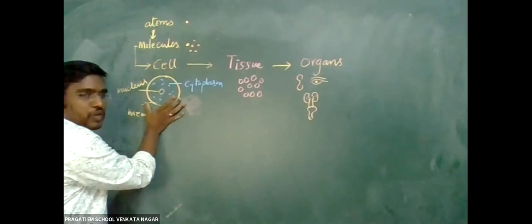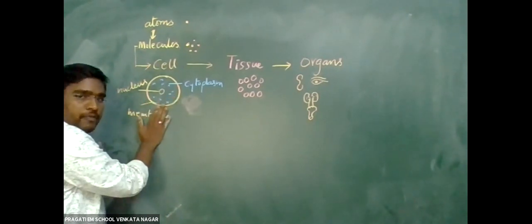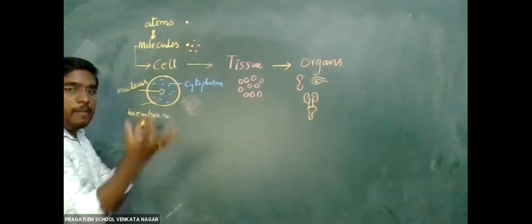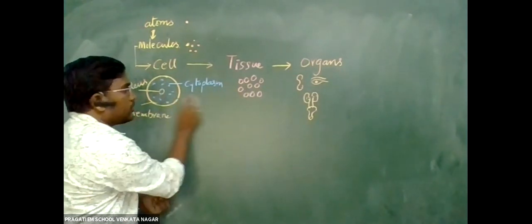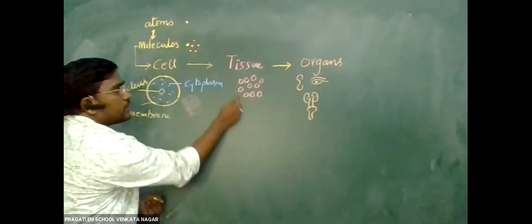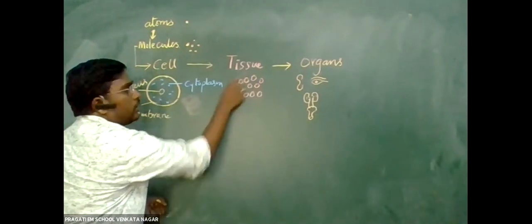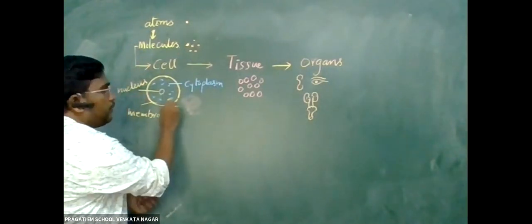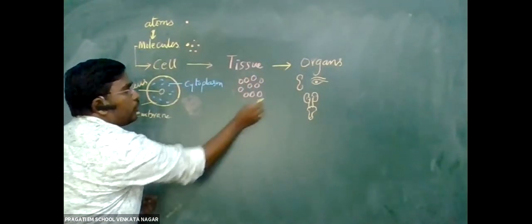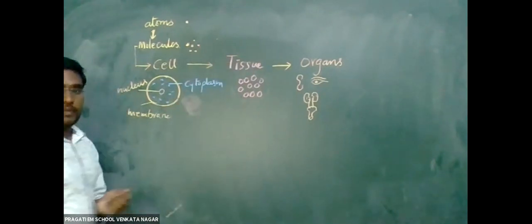This is the single structure. This type of cells combine to form tissues. See here, these cells are grouped into a tissue.